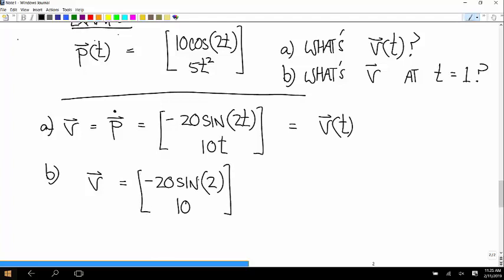Is that 2 in degrees or radians? Pretty even split. Anytime you're taking a derivative of a trig function, it has to be in radians. That's true in every class. For the chain rule to work, that has to be the case. Yes?